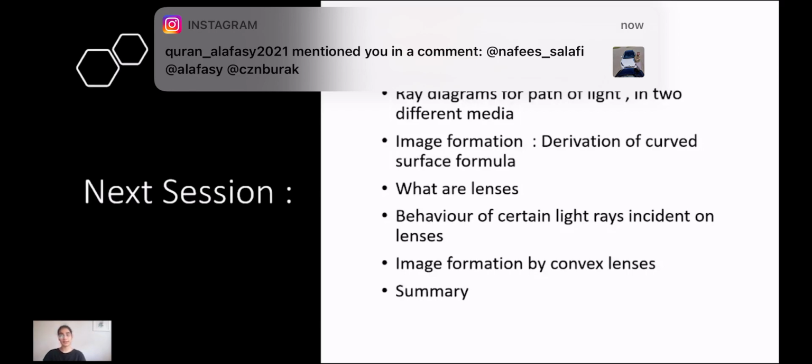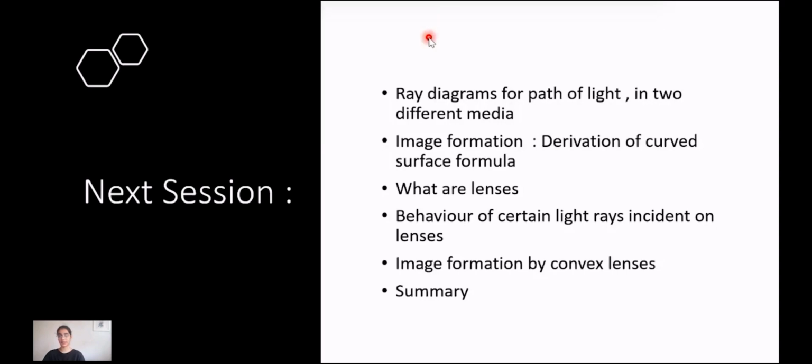The same is going to happen for curved surfaces when refraction takes place. We are going to see some light rays which have special behavior, and when they are refracted they will go in a certain direction, and using those light rays we will be able to form images.